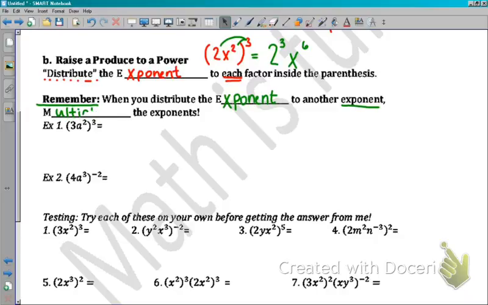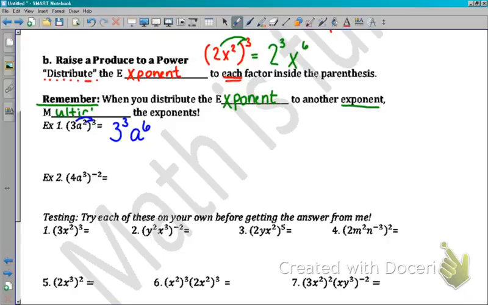Okay, so now let's look at my example that I had previously written. I have to erase my word multiply a little. Since this 3 is outside the parentheses, it's going to be distributed to all of the factors inside. So this is going to become 3 to the 3rd power times a to the now 6th power. I'm going to multiply those two together because they're on the same level.